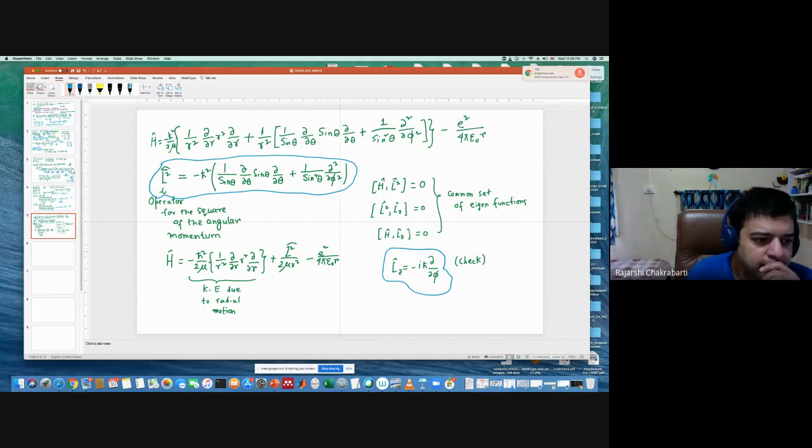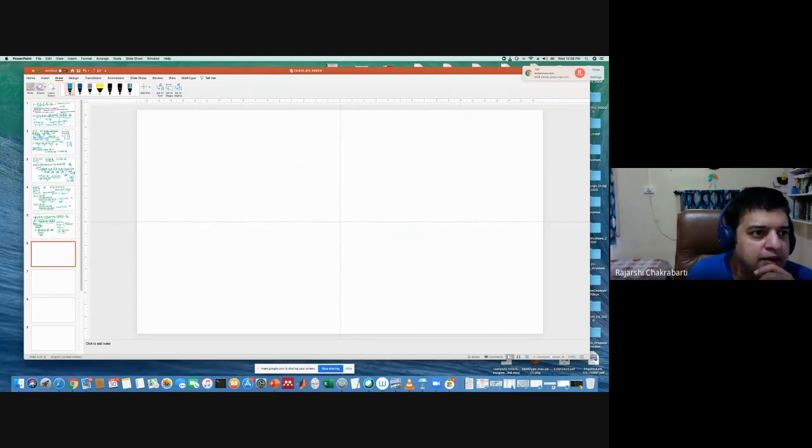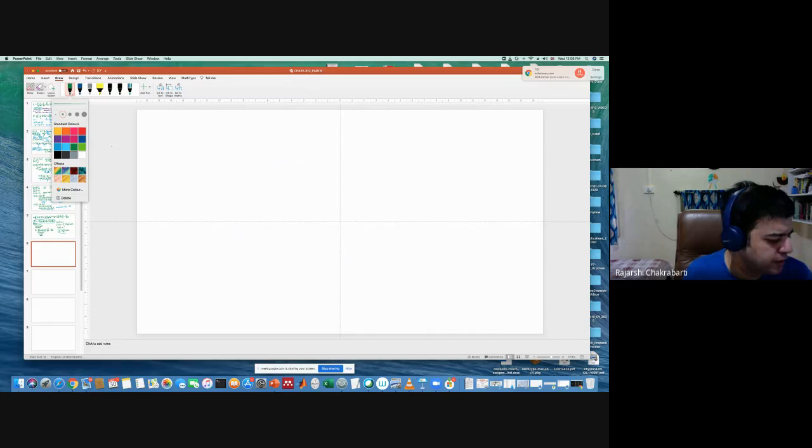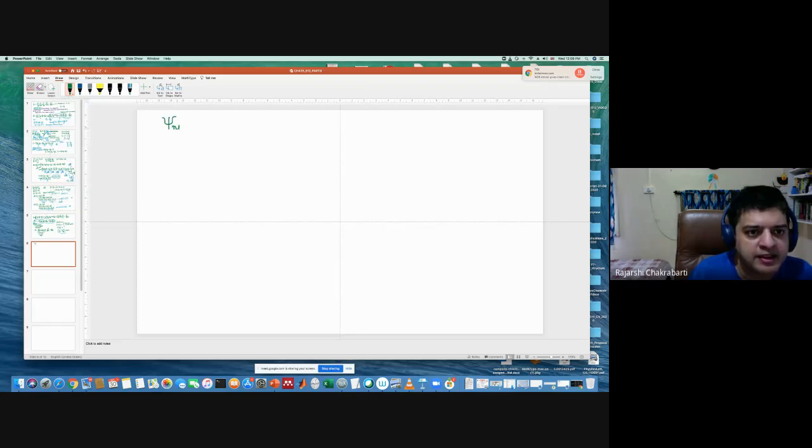Now I go back to your hydrogen atom problem again. If you go back and see the angular part of the hydrogen atom problem, let me write down psi n L m, a function of r, theta and phi, given by R, which is a function of r only and depends on n and l. Then you had a function Theta of the angle theta. What does it depend on?